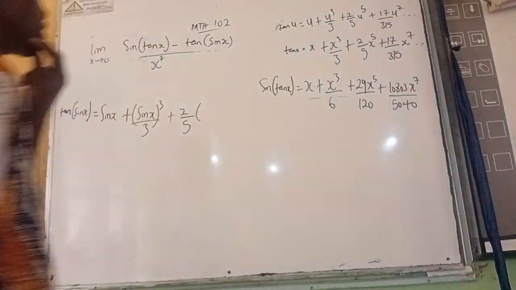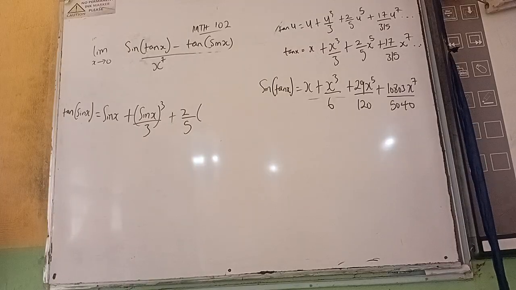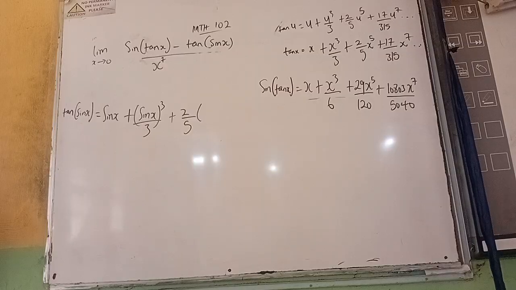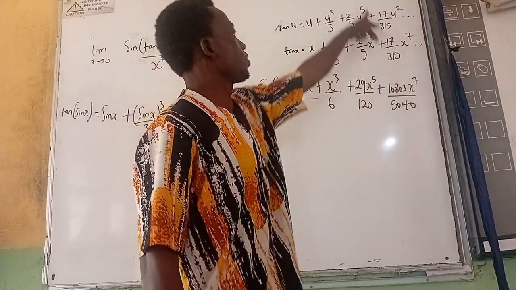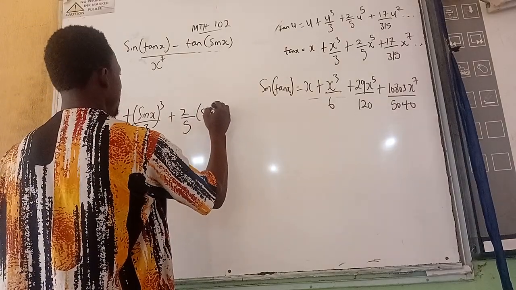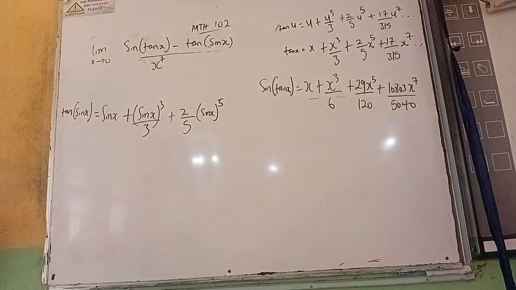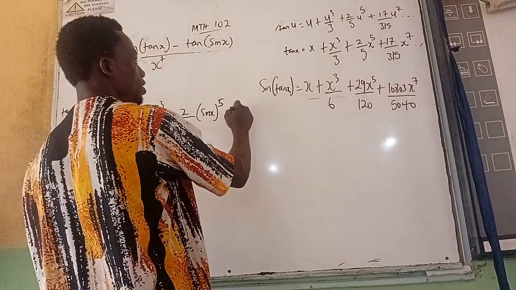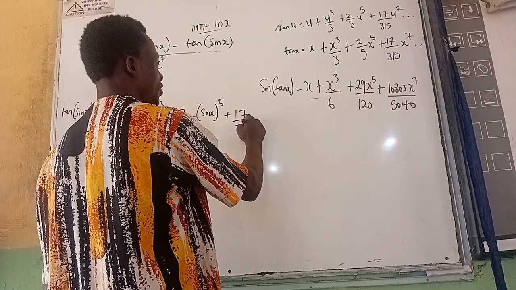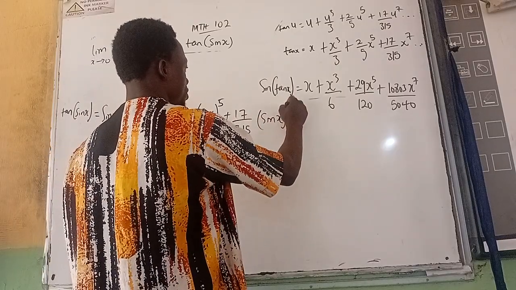That's u^5. I should have seen it from the beginning. So 2 over 5 sin x raised to the power 5. Are we together? Plus 17 over 315 sin x raised to the power 7.